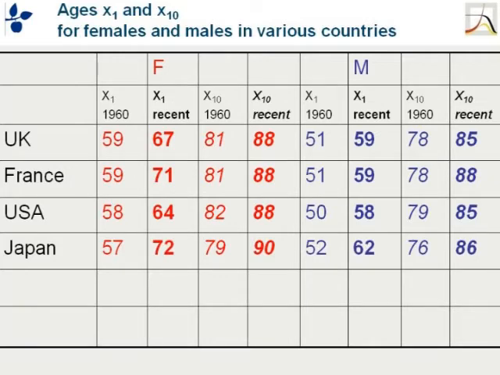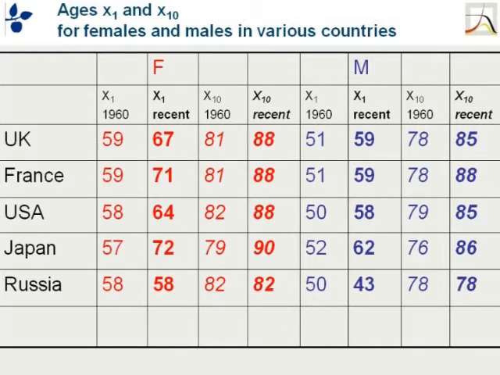Same ballpark, but better. Look at Russia. UK 59, Russia 58. UK 81, Russia 82. UK 51, Russia 50. UK 78, Russia 78. So Russia was very similar to the UK in 1960 in terms of these measures. And of course, Russia didn't do so well.